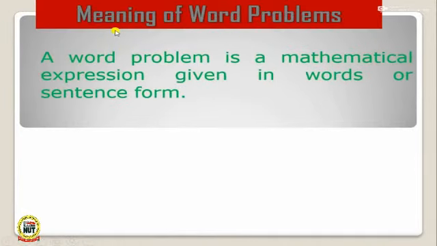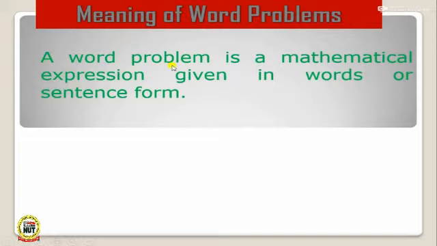All right, let us quickly look at the meaning of word problems. Many times in mathematics, we hear the words word problems. We talk about word problems so often in mathematics. So what exactly is a word problem? Or what do you understand by word problem?